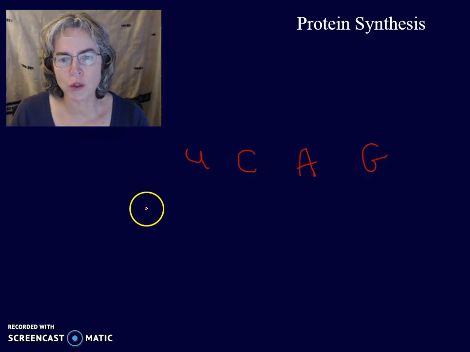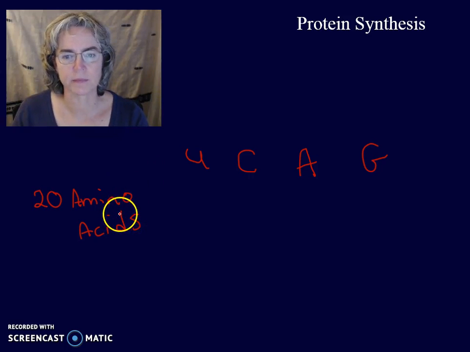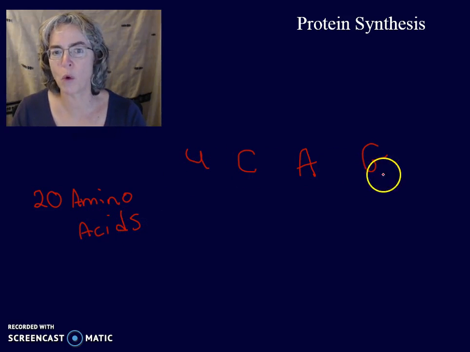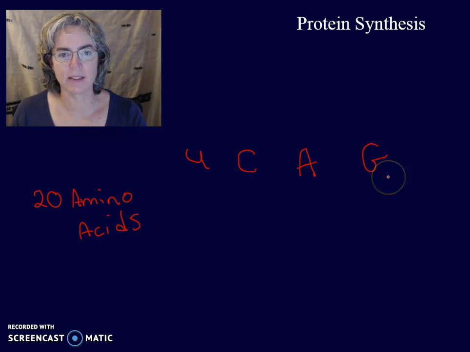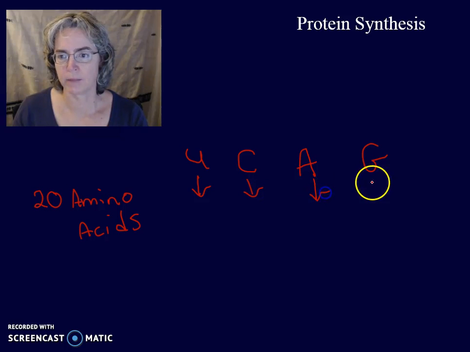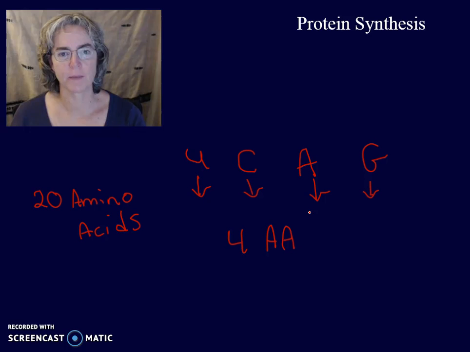And there are 20 amino acids that are needed to build the proteins in our bodies. Can we build 20 amino acids with 4 nucleotides? If we code for 1 amino acid for each nucleotide, we can then come up with only 4 amino acids. So that's not going to work.